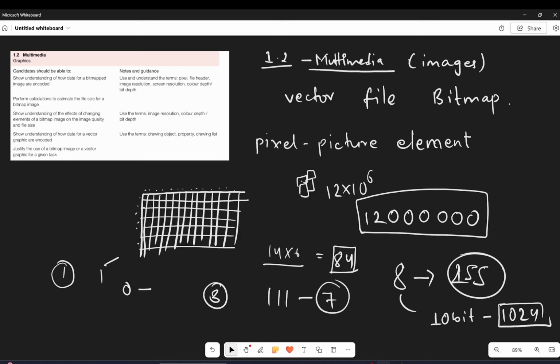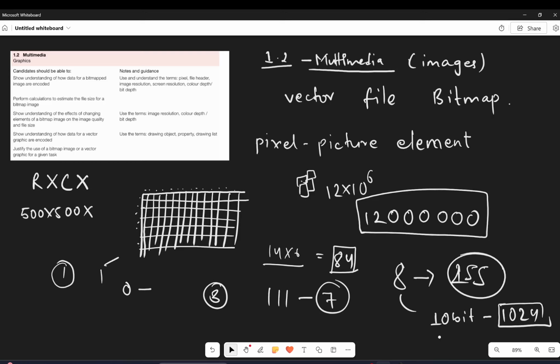How do we calculate image size or screen size? Well, you multiply the number of rows in pixels times the number of pixels in columns times bit depth. So we have an image of resolution 500 times 500, and its bit depth. Okay, so bit depth and color depth are pretty much the same stuff.